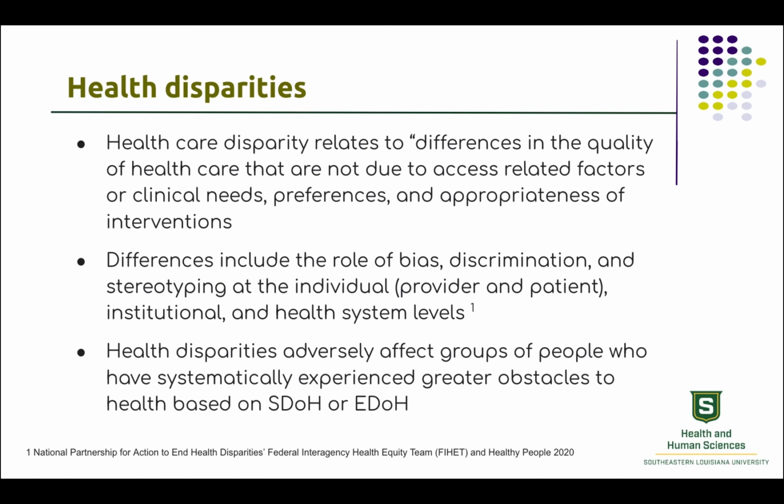It could reduce their access to healthcare. It could reduce the quality of care that they receive, thereby influencing their uptake of available services. So you have social determinants of health and ecological determinants of health. They all play a part in how different populations interact with the healthcare system, and therefore influence their health outcomes.